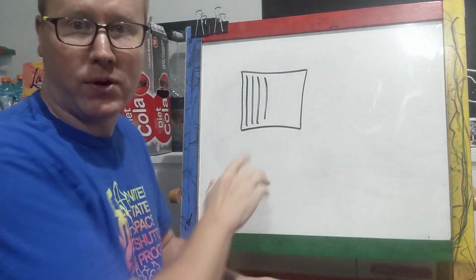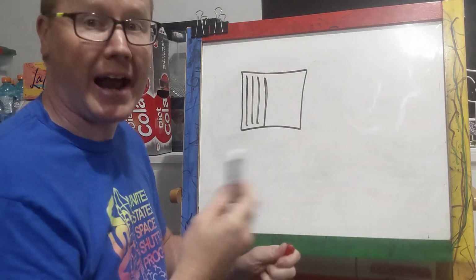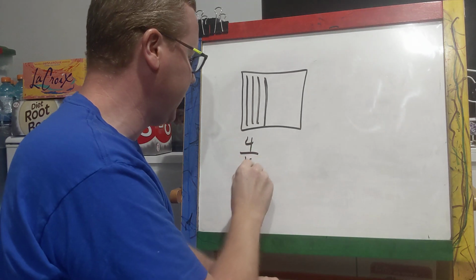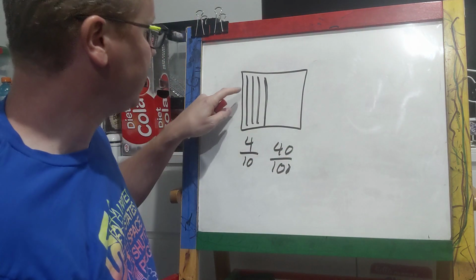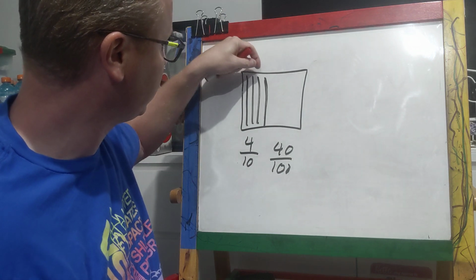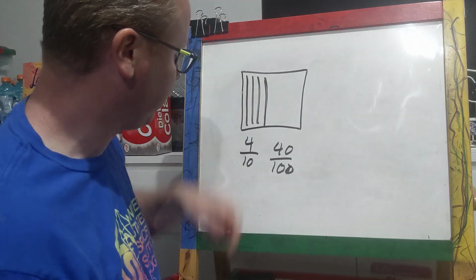You are going to have 4 lines in here like this, and you need to know what that fraction is. That's the easier one. Well, it's either 4 out of 10 or 40 over 100, because you're just counting the tenths. Remember, we broke it up into 10 pieces, and I'm counting 1, 2, 3, 4. Or if I were to break it up into 100 pieces, you'd count 40.